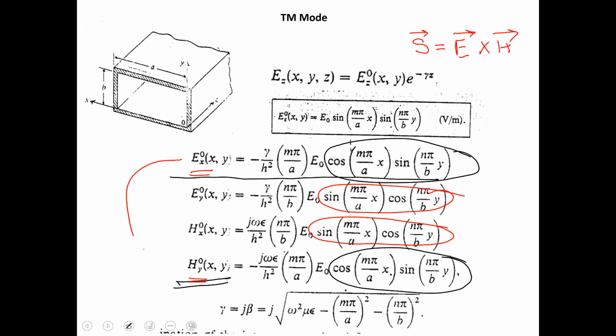So these two components have power flow in positive z direction.